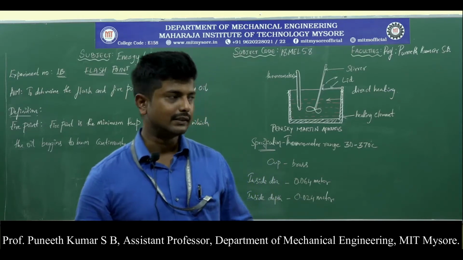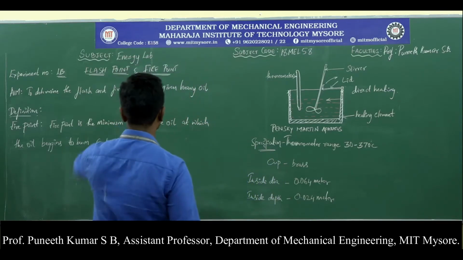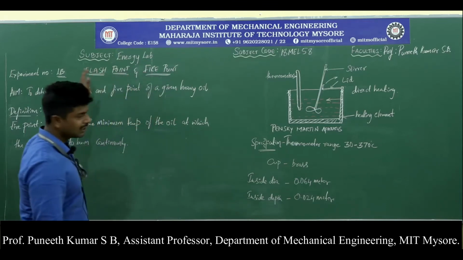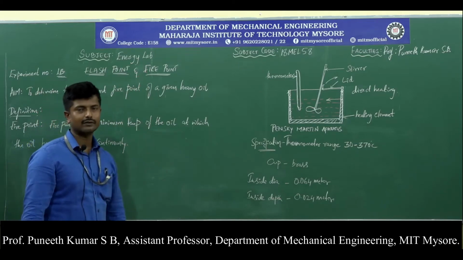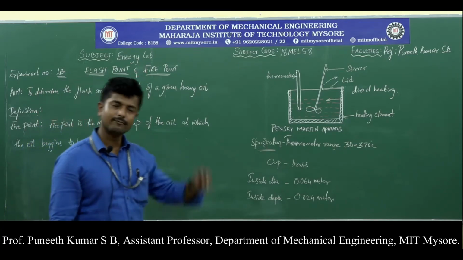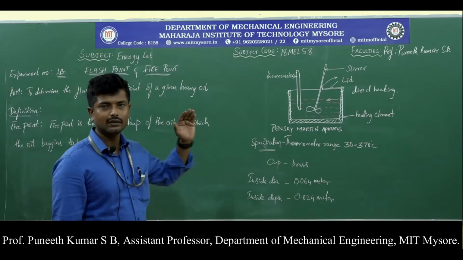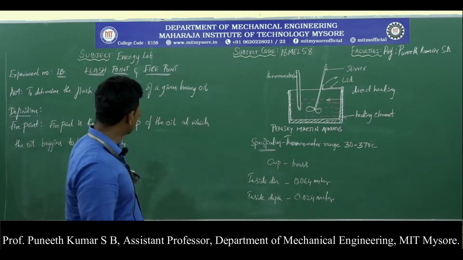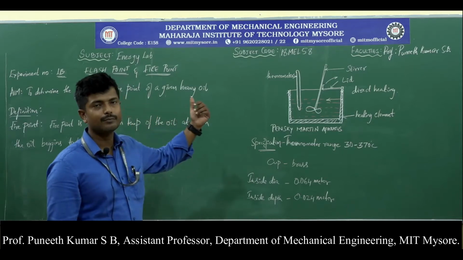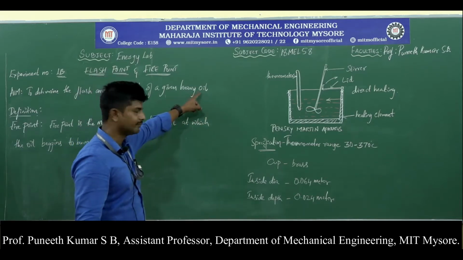Today we will be doing the flash and fire point, which is the continuation of the same first experiment. The earlier experiment which we did was just flash point for light oils. Now the extension of that experiment is we are trying to find the flash and fire point for heavy oil.